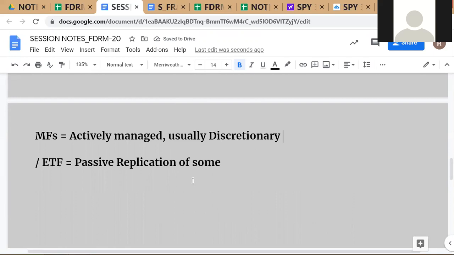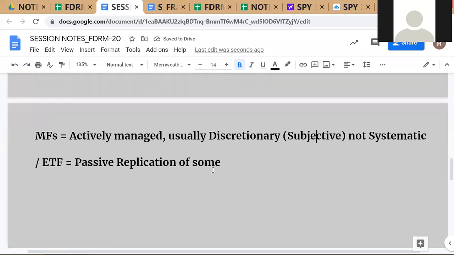Discretionary means that they are subjectively managed, in the sense that the fund manager, and the opposite of discretionary is systematic. This is a term that we use.